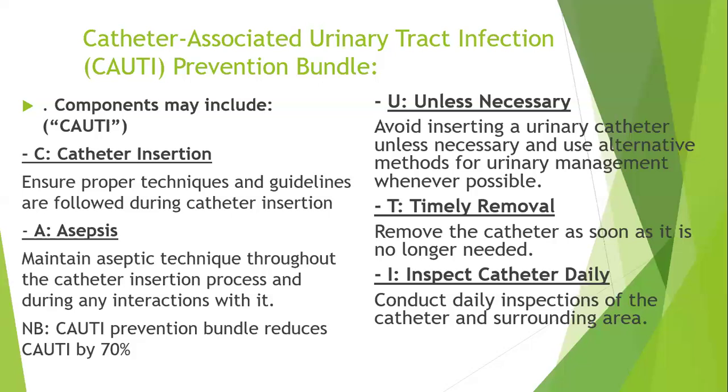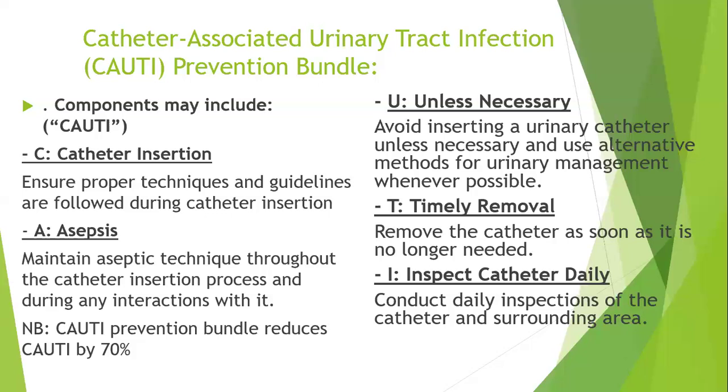Inspect your catheters. A lot of times we can see cloudy urine coming out from the catheter. Sometimes if you look at the urethral meatus and the entrance, you can see that they're already colonized with pathogens. So it's important to inspect your catheter on a daily basis.